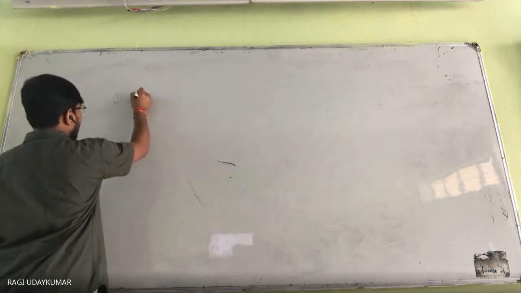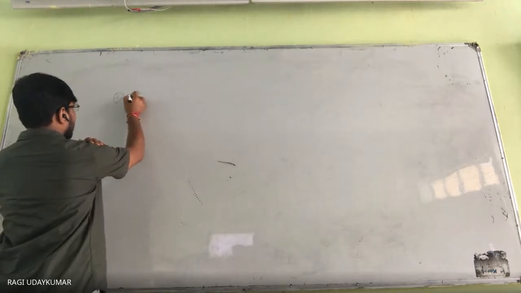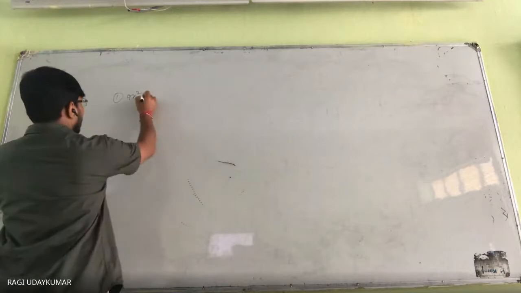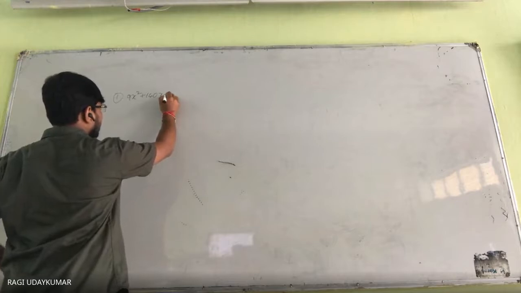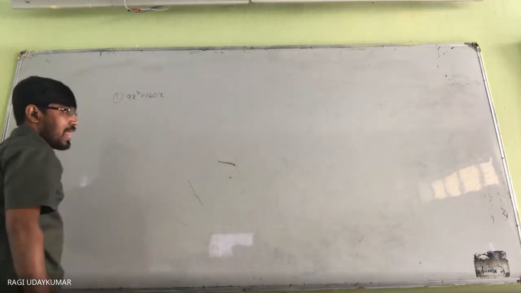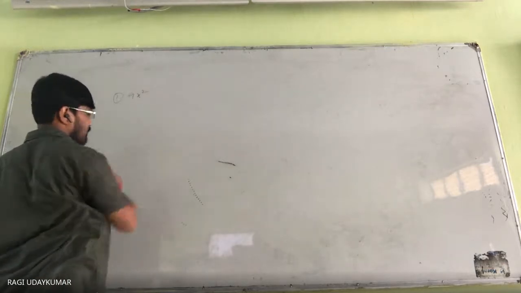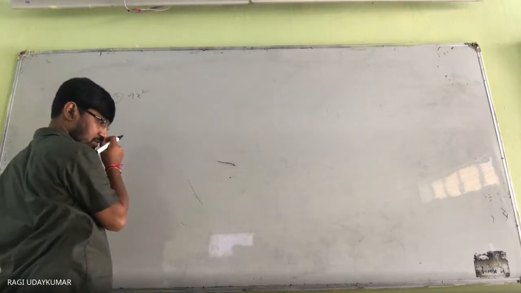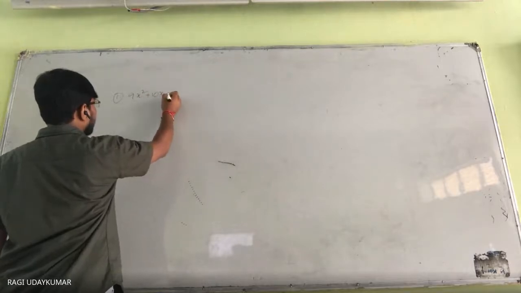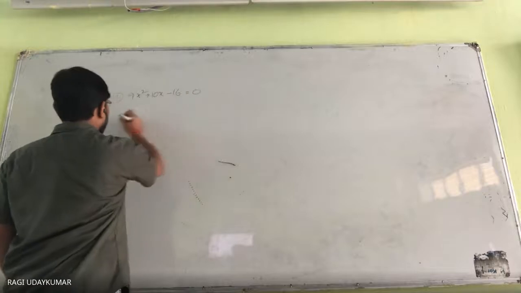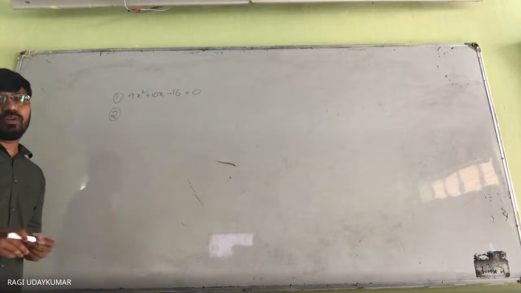So the first question I'm going to give is 9x square plus 10x minus 16 is equal to 0.